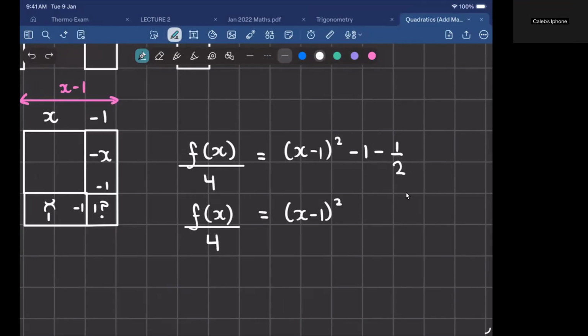I could hear you plugging it into your Casio. You don't need a Casio for that. -1 -1/2, sir. Now, what is the answer as an improper fraction? You know how to convert it to an improper fraction?